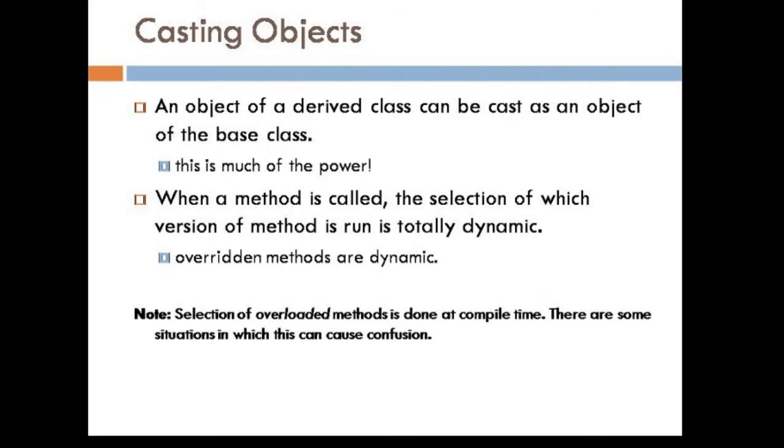Now, casting objects. An object of a derived class can be cast as an object of the base class. This is very much powerful, and why? Because this is the concept that is used for dynamic method dispatch, or what we call overriding, or the runtime polymorphism.